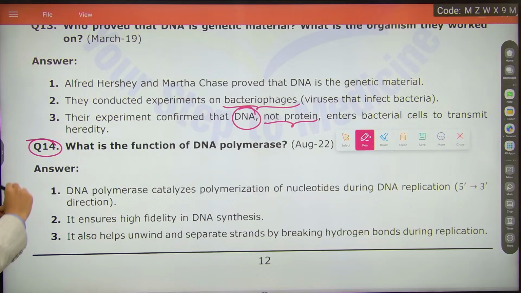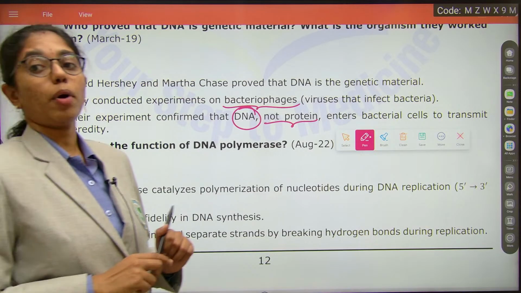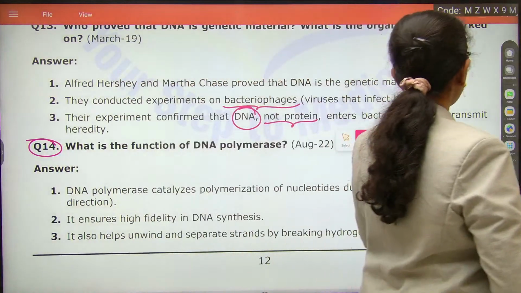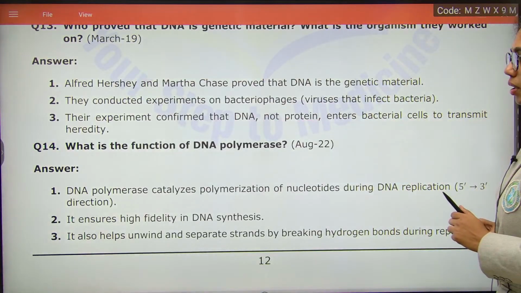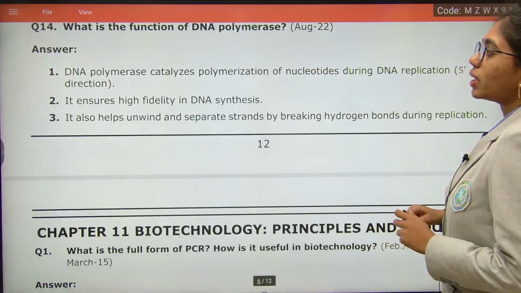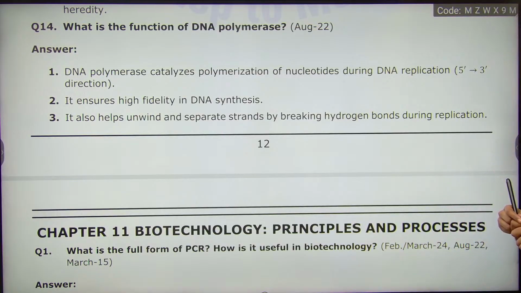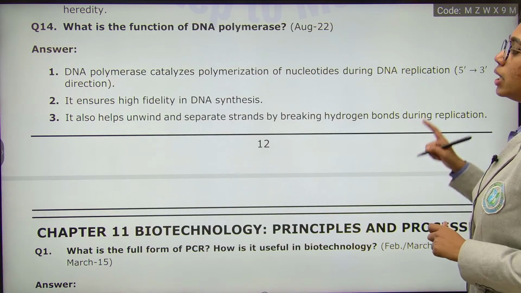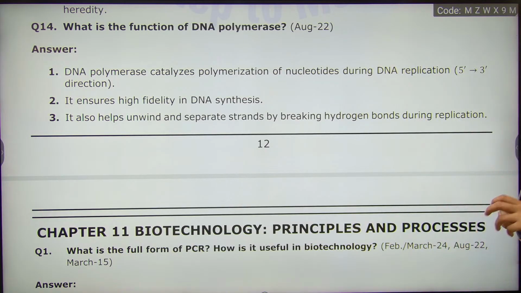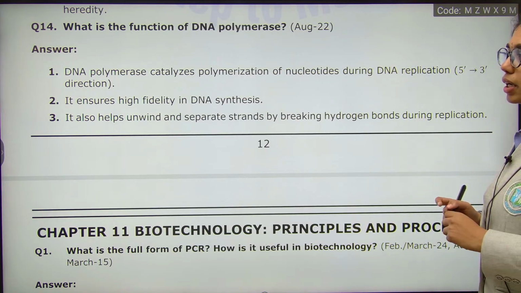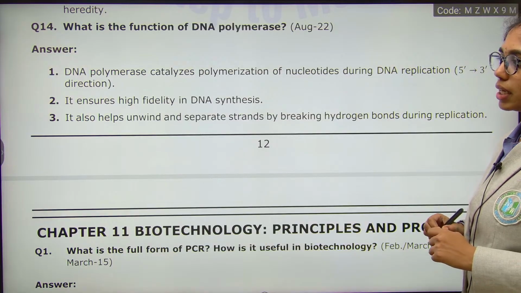Next, what is the function of DNA polymerase? DNA polymerase catalyzes the polymerization of nucleotides during DNA replication. This is from 5' to 3' and it ensures high fidelity in DNA synthesis.